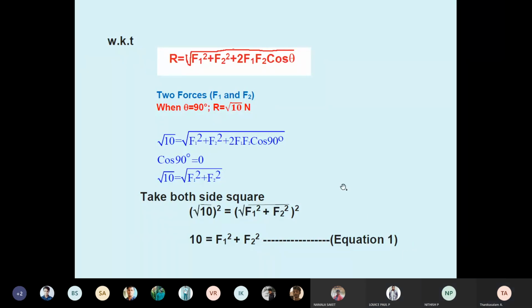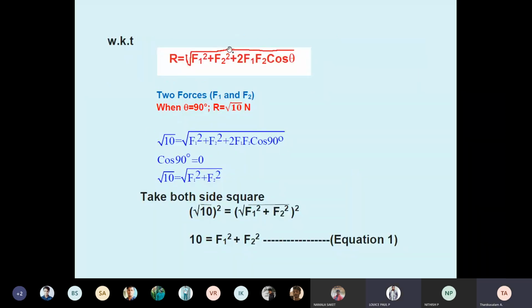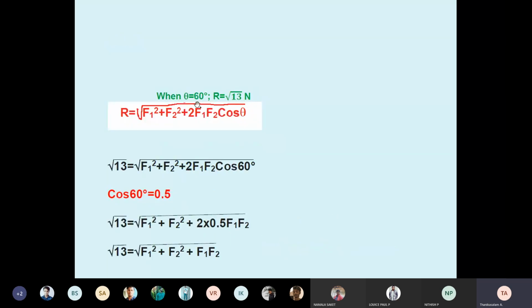Yes, sir. So in the statement, they gave two cases. First case, two forces, theta 90 degrees, resultant square root 10. Second case, the same two forces, theta 60 degrees, resultant square root 13. We know the resultant formula, so apply it here. When theta is 60 degrees, R equal to square root 13.